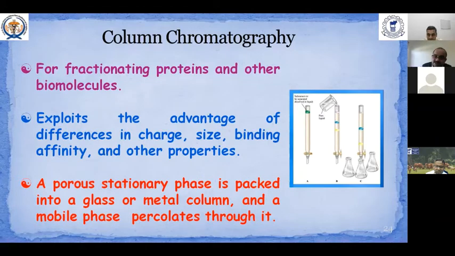This separation occurs due to their differential partition coefficient and distribution coefficient, as well as the property of the stationary phase. Finally, the different molecules are eluted as eluent.